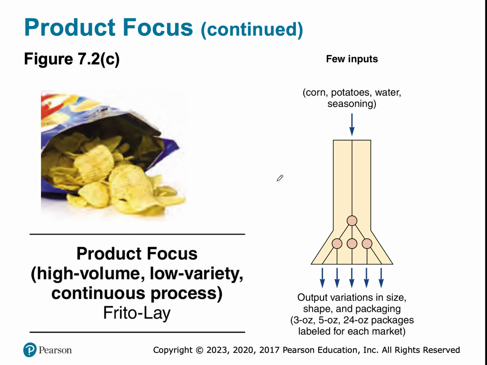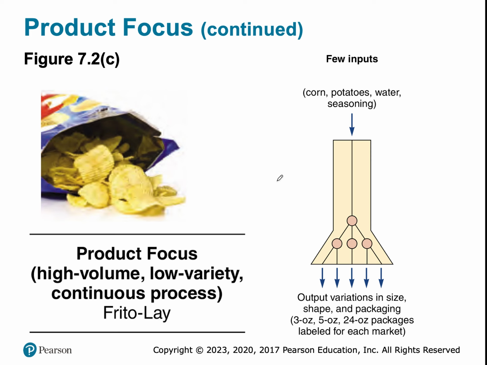Then still on the product focus, an example is when you're making Frito-Lay. There's this popular one that advertises during the Champions League, the Lays. This one they make with corn, potato, water, and seasoning. Okay, chips.